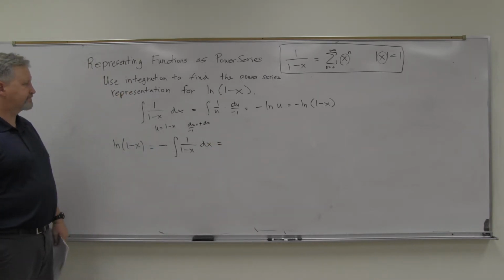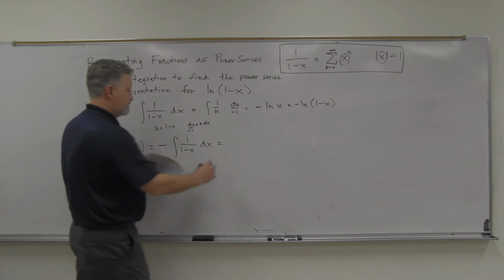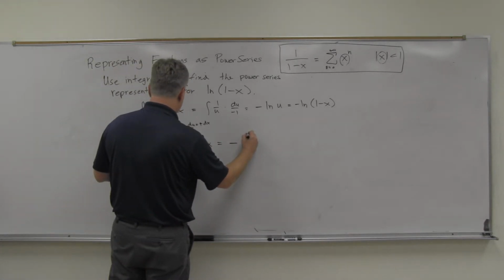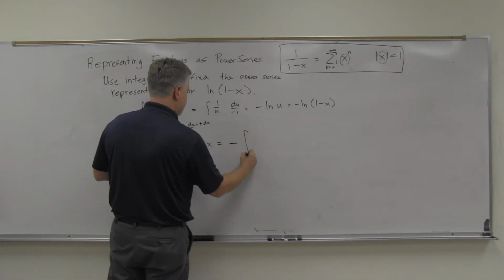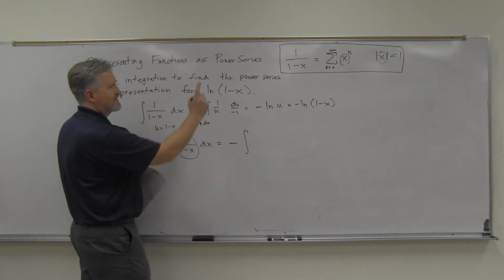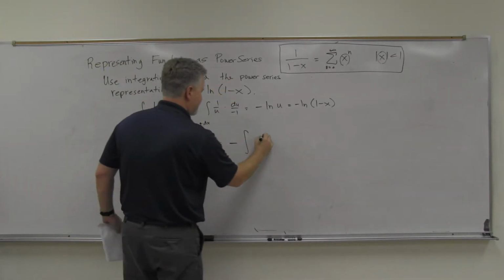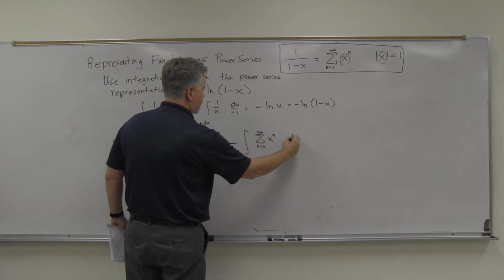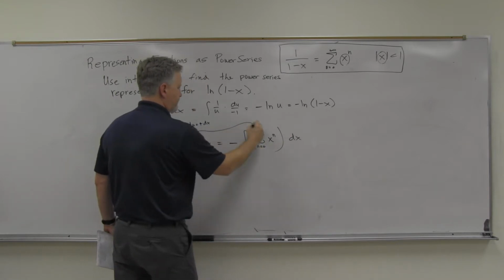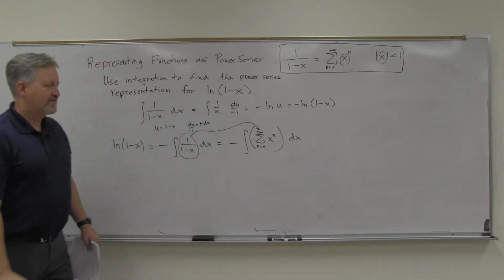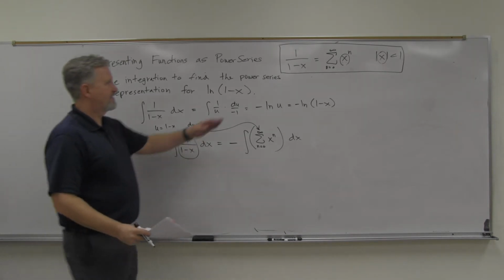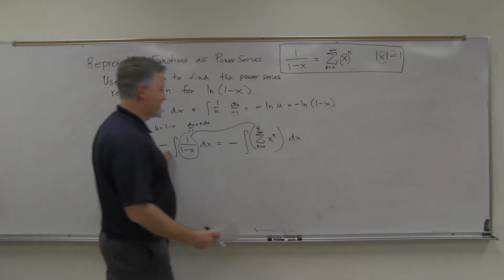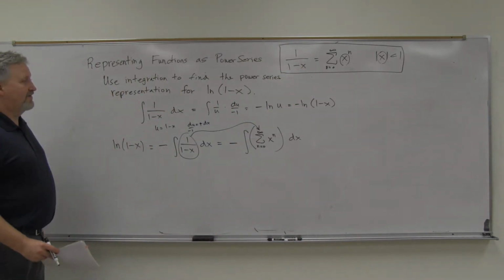Well, 1 over 1 minus x is that power series. So basically now we're integrating this. Of course, we got the little minus sign there.